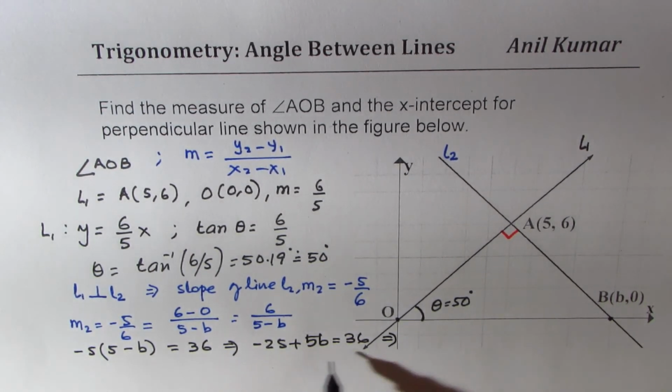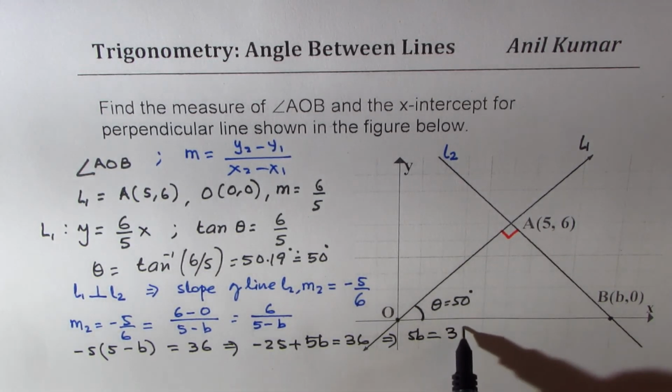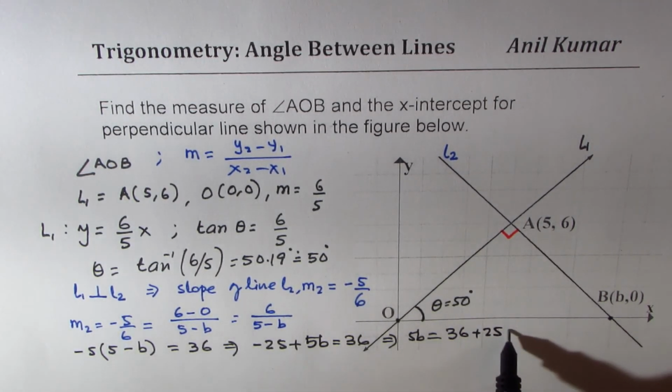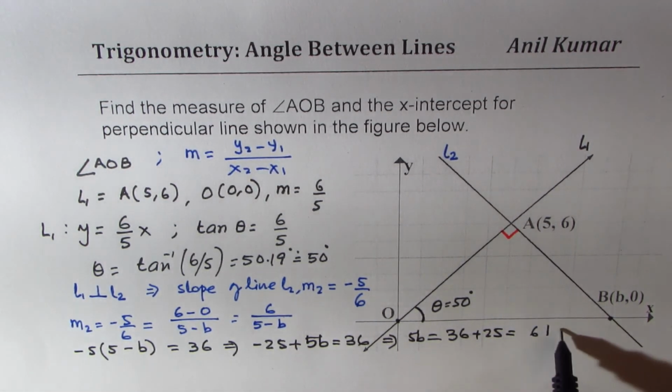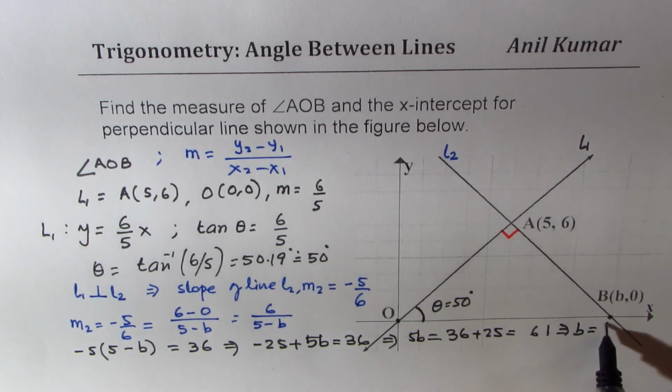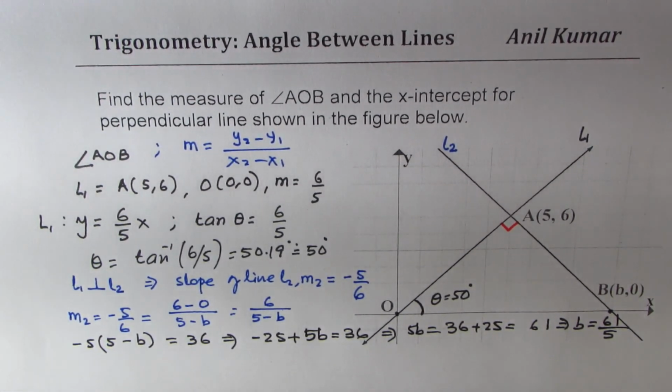And from here, we get the value of 5b equals 36 plus 25, which is 61. That gives you the value of b as 61 over 5. It does make sense to you, right? So that is how you could actually find the value of b.